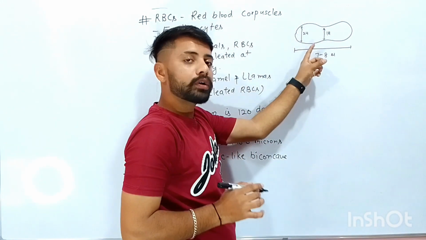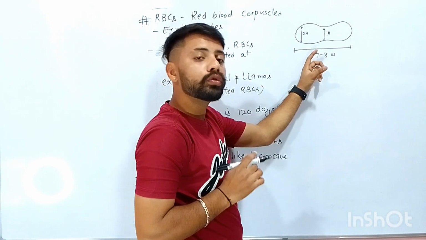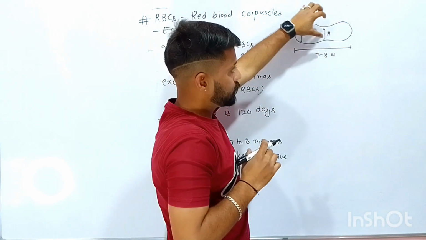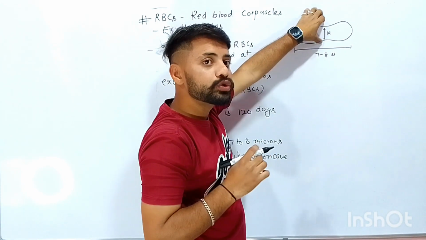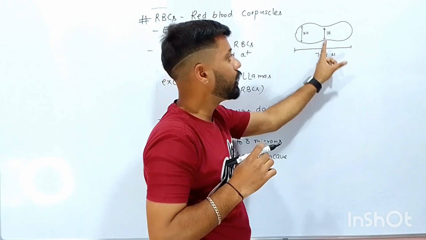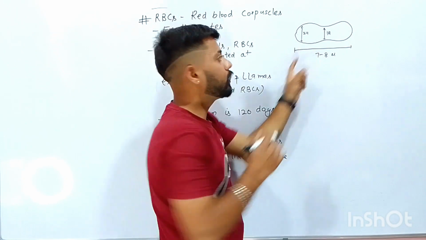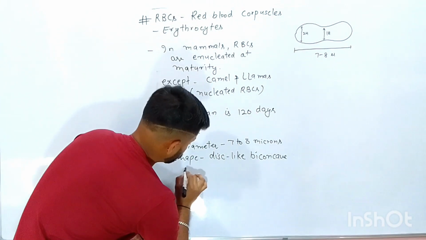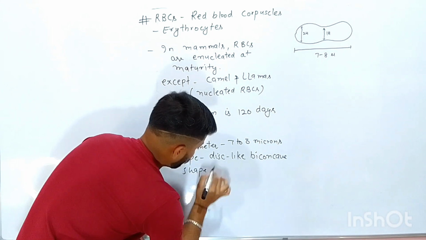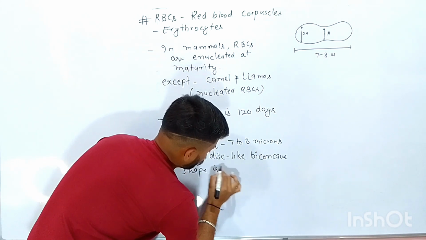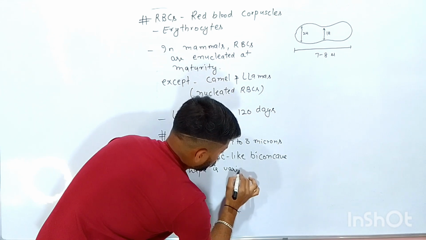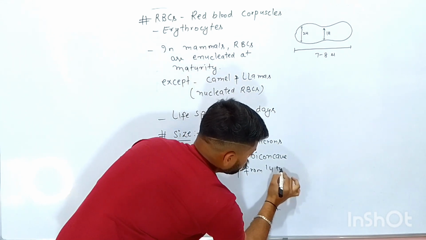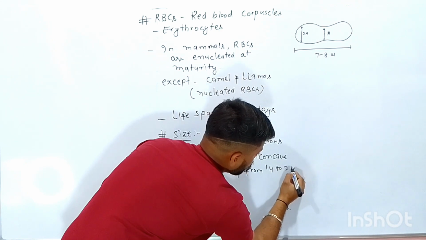This is because in the central part there is no nucleus, so the thickness in that region is less, that is 1 micron, but as we move towards the periphery it becomes wider, that is 2 microns. So the thickness of RBCs varies from 1 micron to 2 microns.